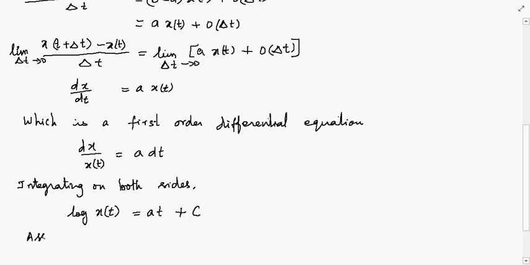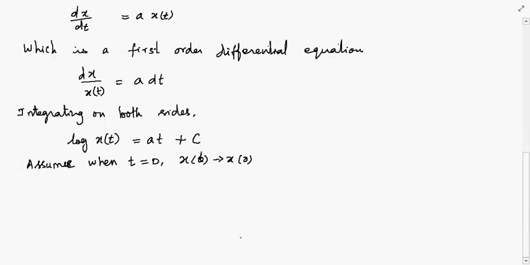Now we'll assume when t equal to 0, let the population be x of 0. We take x of t tends to x of 0.